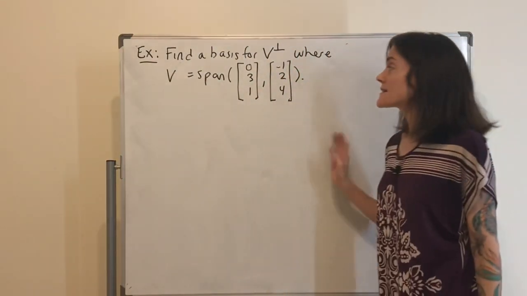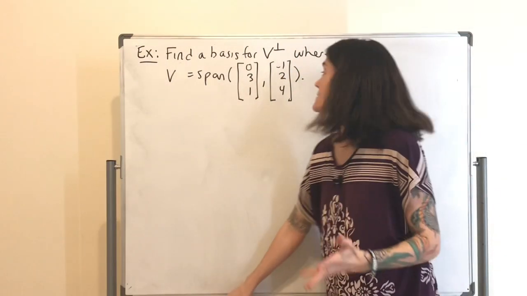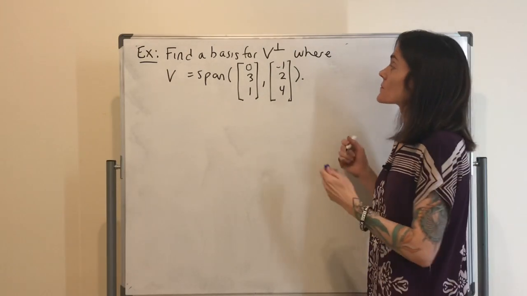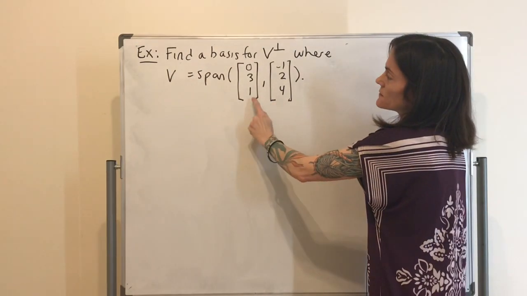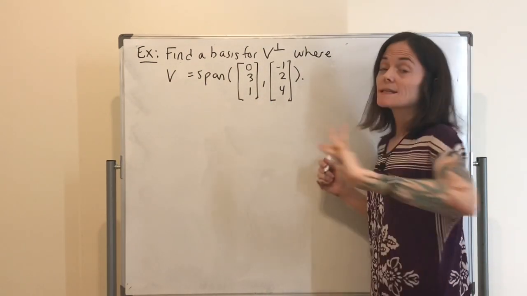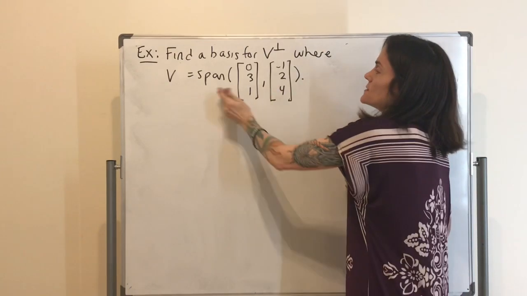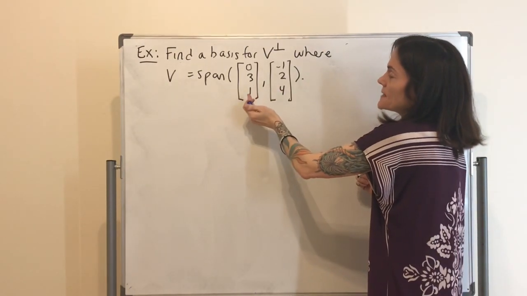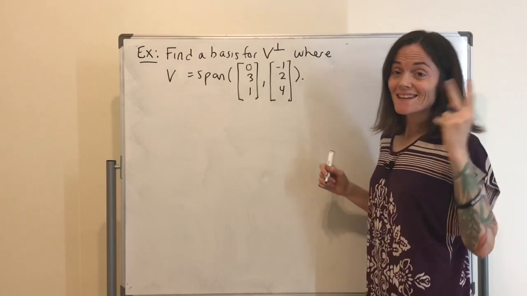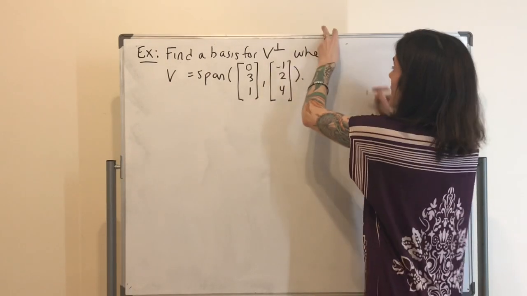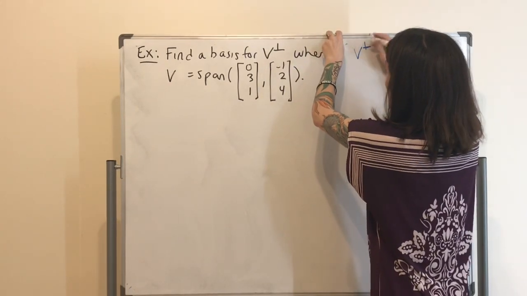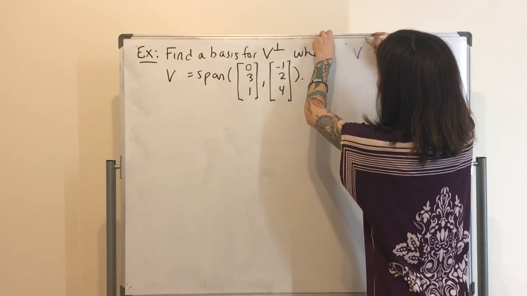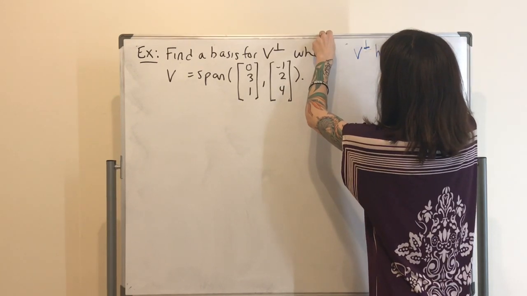Here's another example, and if we just look at this, these 2 vectors are linearly independent. So V is going to have dimension 2, and it's in R3. We should expect that VPerp has dimension 1.